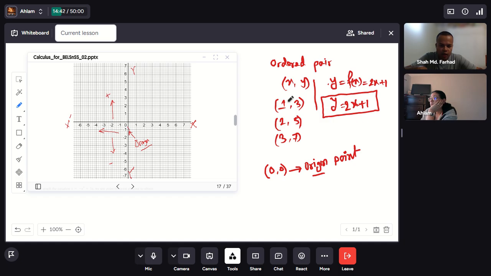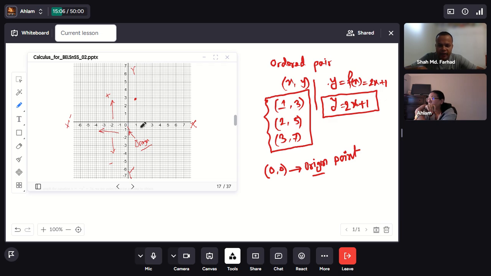So how can we plot these points on the graph paper now? For the first one, x equals 1 and y is 3. So the intersection of 1 and 3 is the point, right?